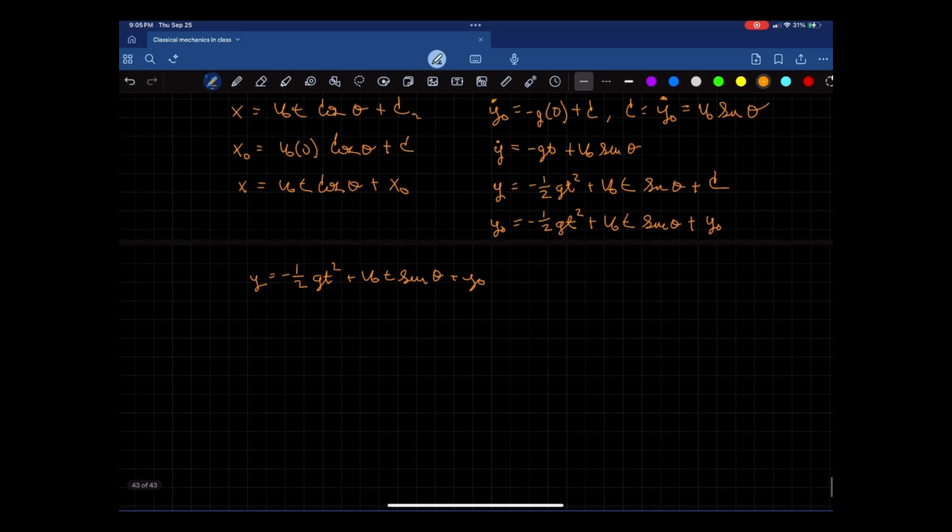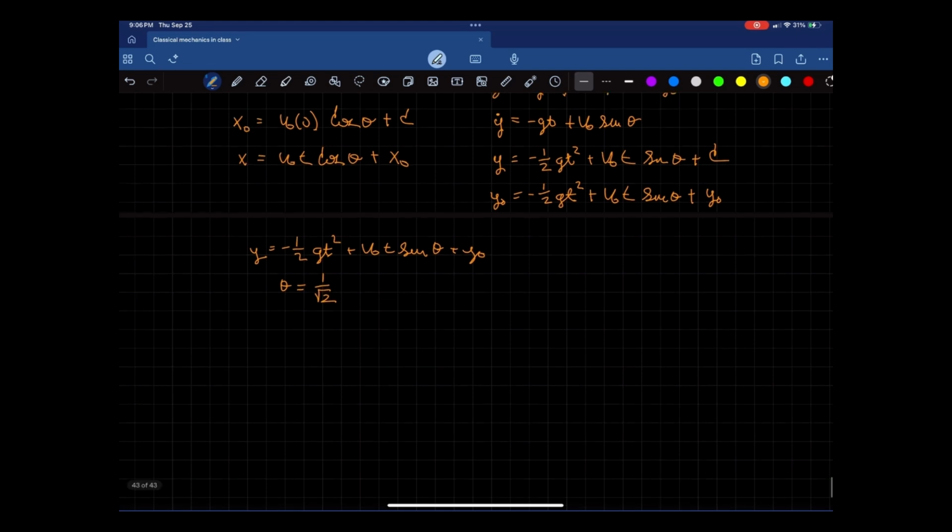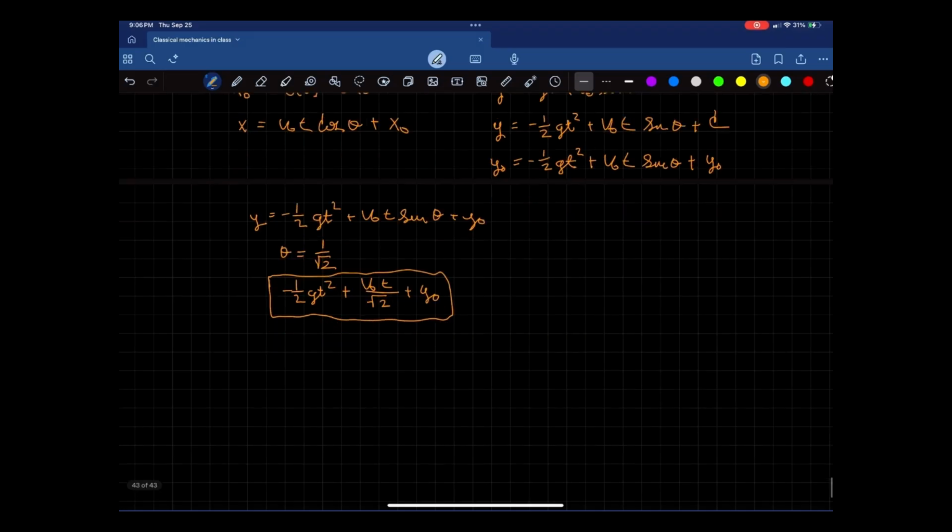Since our theta is equal to 1 over the square root of 2, we get minus 1/2 g t squared plus v naught t over the square root of 2 plus y0. And this right here is a very, very beautiful quadratic equation in t.